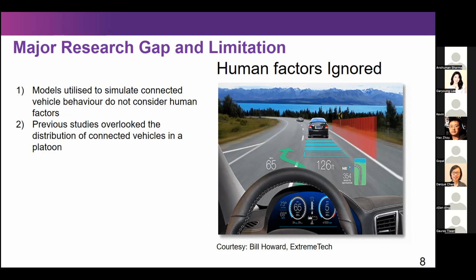An important point to note there is how my connected vehicles are distributed within that stream. Are they at the back or are they at the front? Because the distribution of connected vehicles within the stream will also have an impact on the traffic efficiency or safety or any other measure.